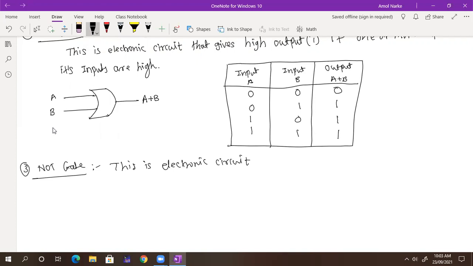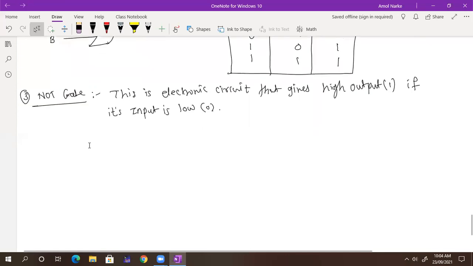This is an electronic circuit that gives a high output, that is 1, if its input is low. Do you have any example of an electronic circuit like this? What about an inverter? Is that the example?